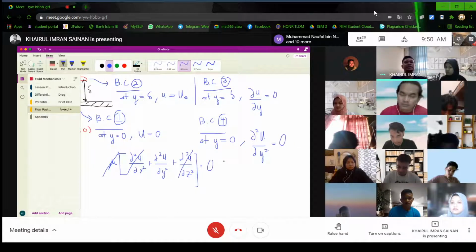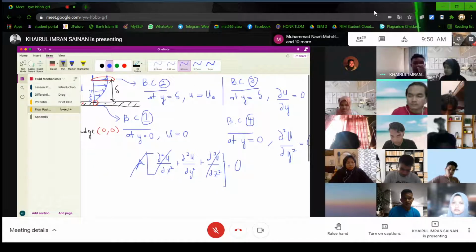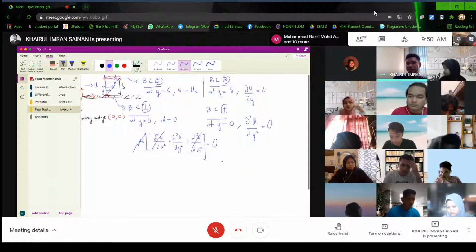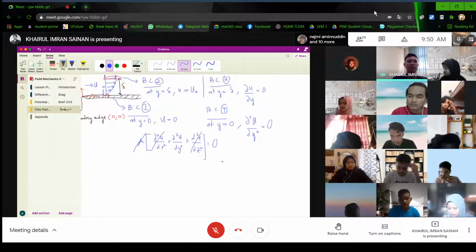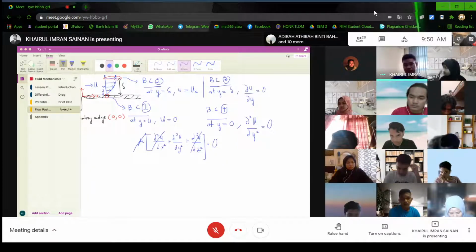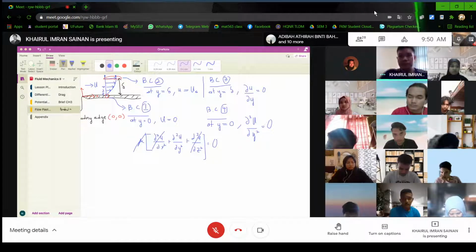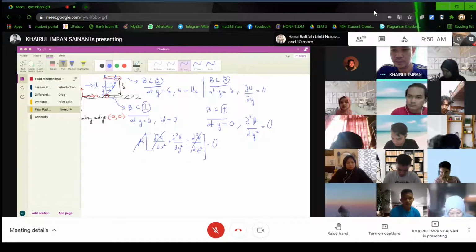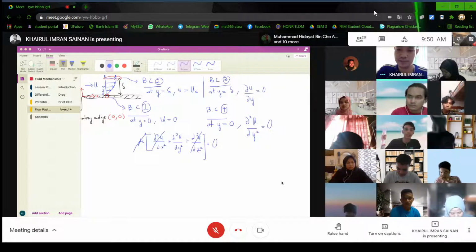Any question? This is quite important because linear, parabolic and sinusoidal all use the same boundary conditions. Any question at all? Muhammad Irfan Haifi, is it clear?